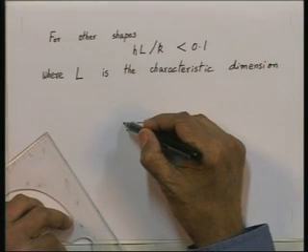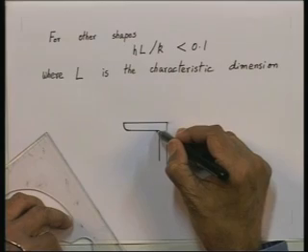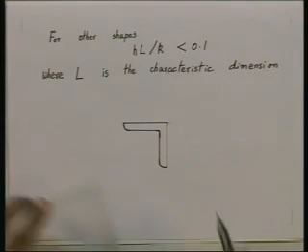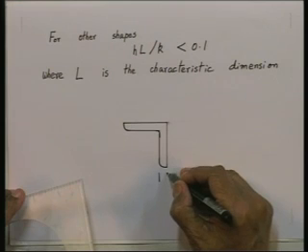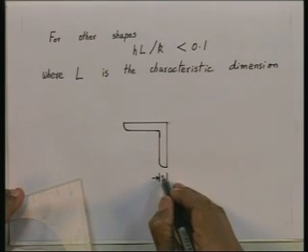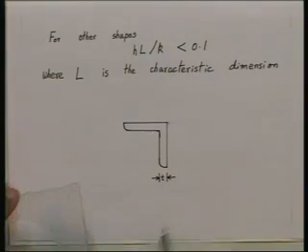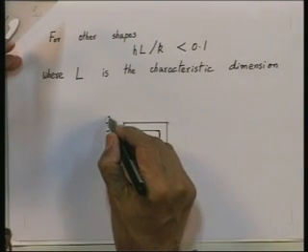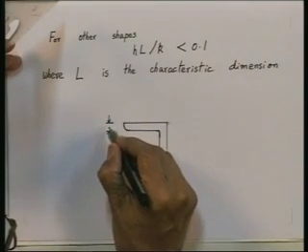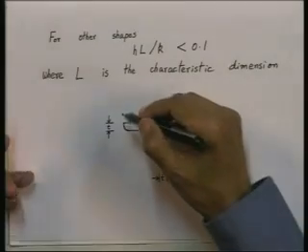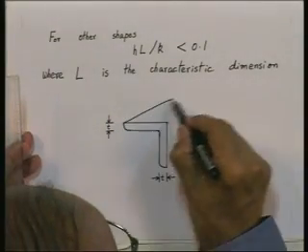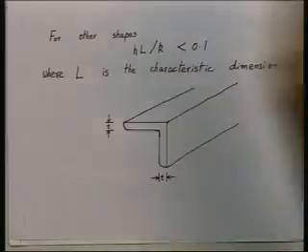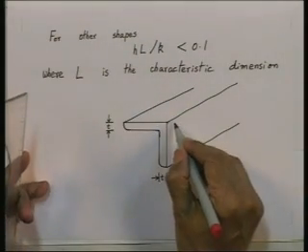Let us say I have an angle iron like this. Its width, its thickness rather, is T in this direction. This direction also it's T, like this, and it is a long angle iron like this, and in this direction the width is B, let us say like this.